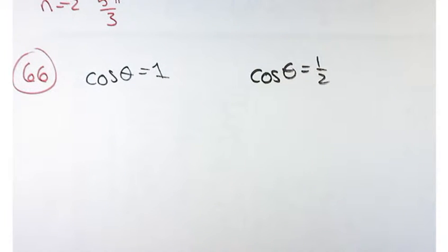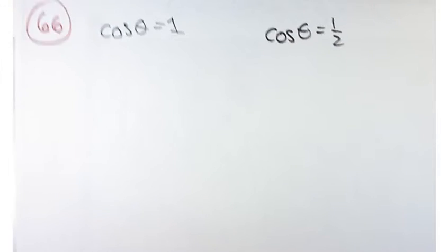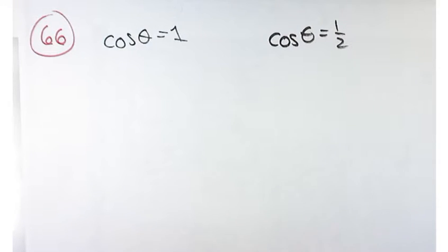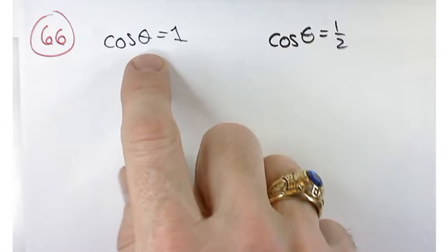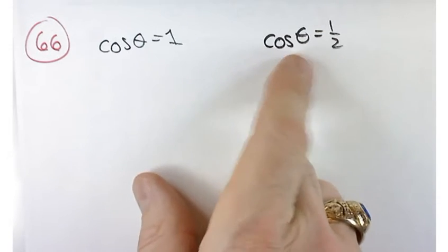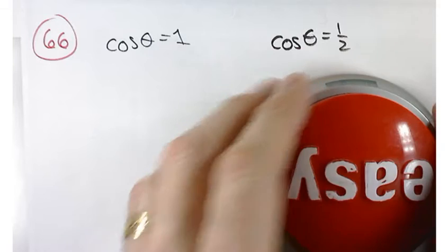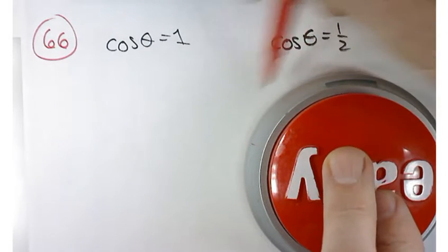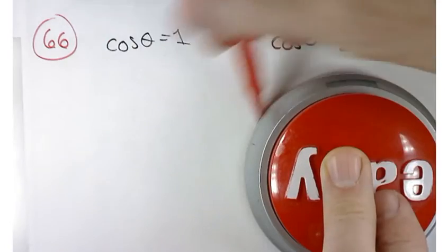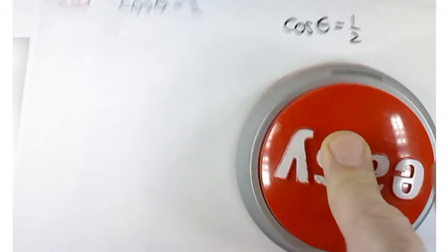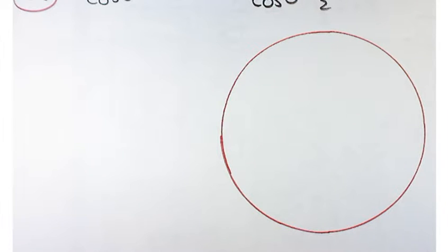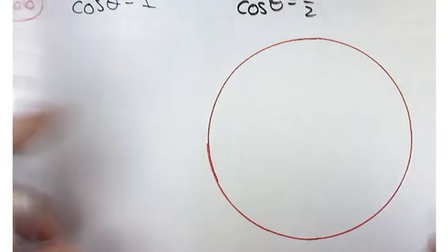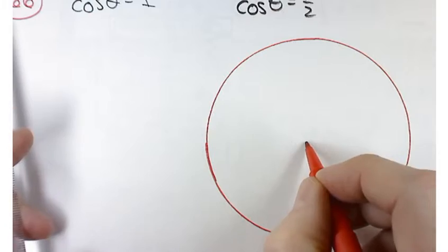Where is that true? Well, let's think about a couple of these things. I'll work on cosine of theta equals 1/2 with you, and then I want you to think about cosine of theta equals 1 on your own. Cosine is which coordinate on the unit circle?